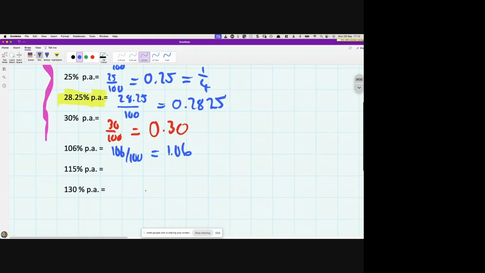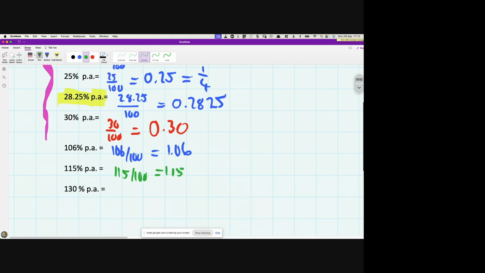And let's just keep swimming. 115% is 115 over 100, or 1.15. And 130% is 130 over 100, or 1.30, or 1.3.